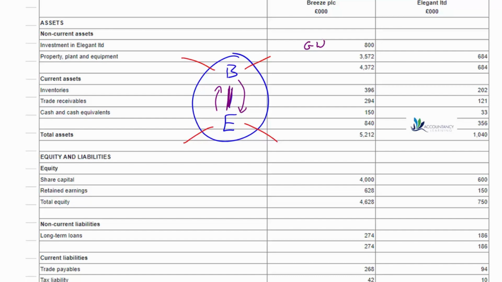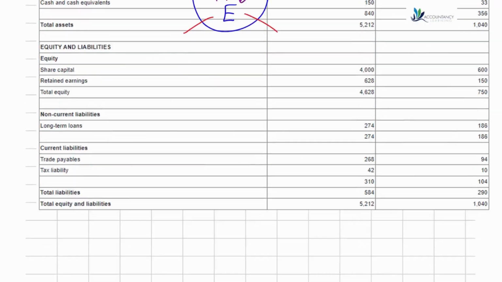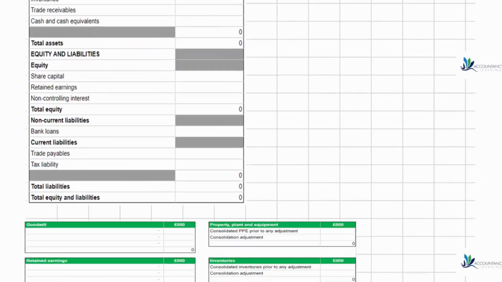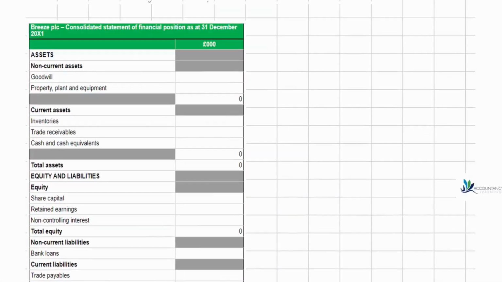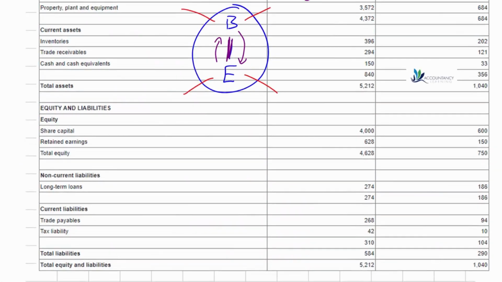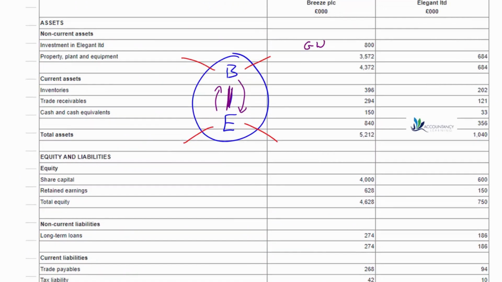So let's put that 800 into our goodwill working. There we are, so we've paid 800 to buy the shares. Using the highlighter tool in the exam, we can highlight that. We've dealt with that number, and we don't need to worry about it again.